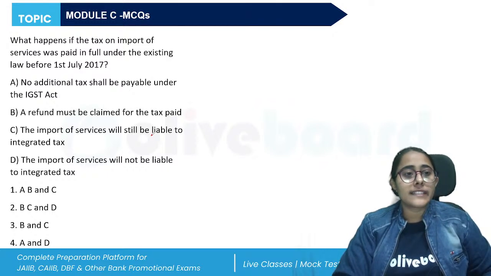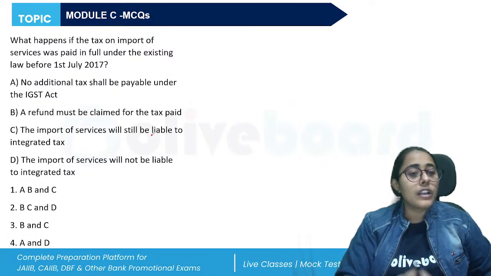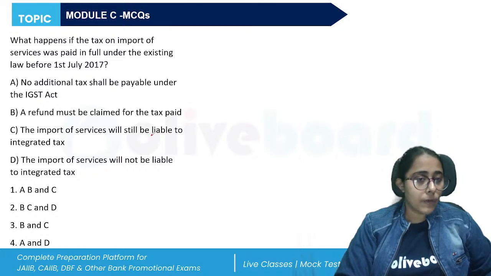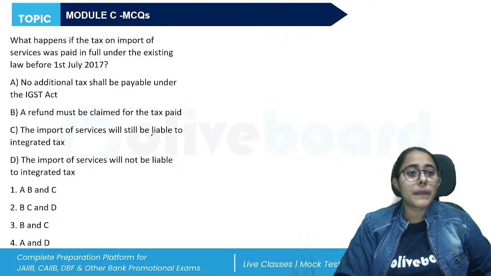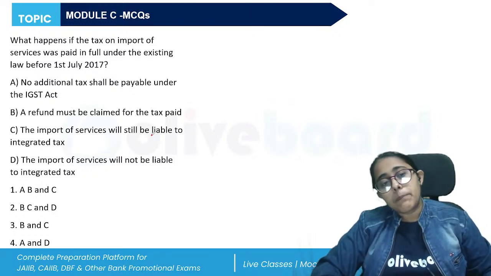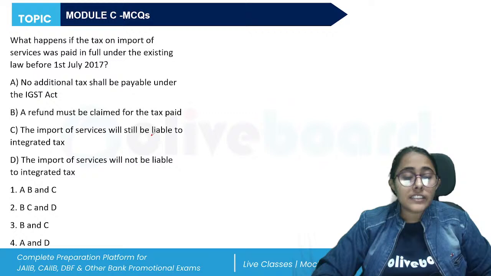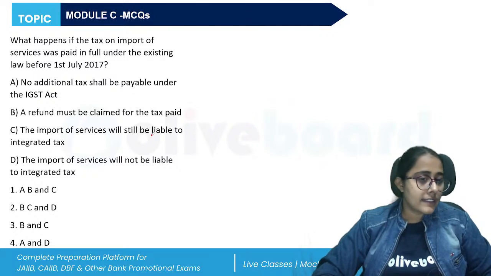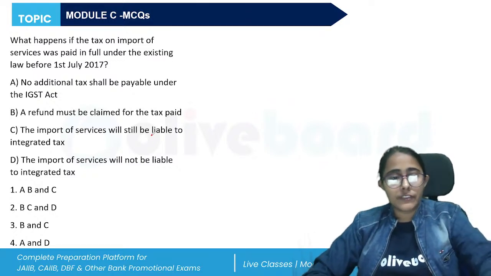Next question from the GST. What happens if the tax on import of services was paid in full under the existing law before 1st July 2017? So before 2017, under the law, what would happen if the tax on import was paid in full? No additional tax shall be payable under the IGST. A refund must be claimed for the tax paid. The import of services will still be liable to the integrated tax, or the import of services will not be liable.